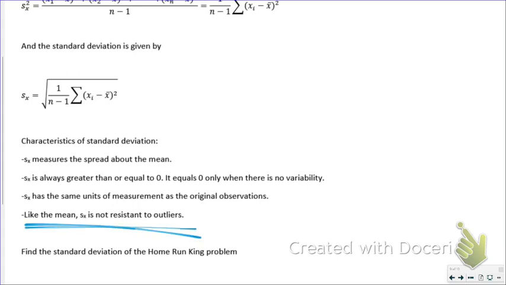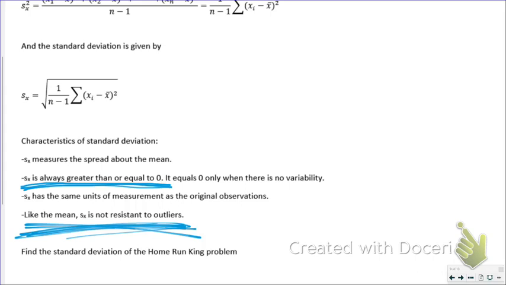If we have an observation that is really far from the mean, that's going to have an effect on the standard deviation. Remember, we're squaring them all. That's why it's always positive. It could never be negative. If you're doing multiple choice and there's a negative choice, that one's wrong.